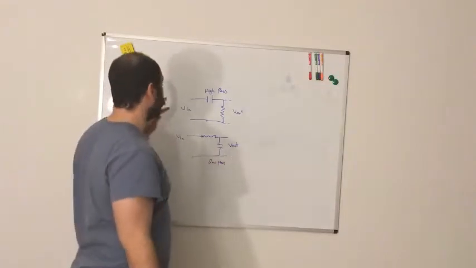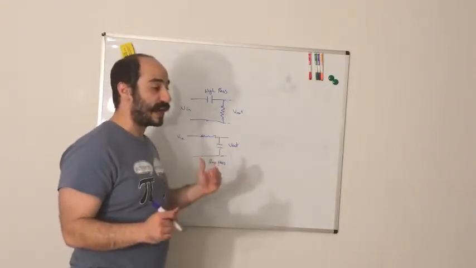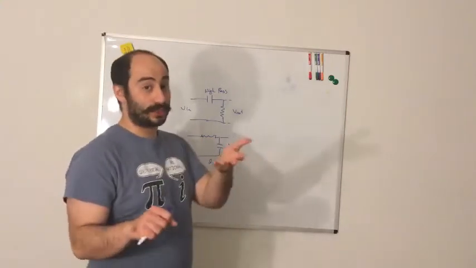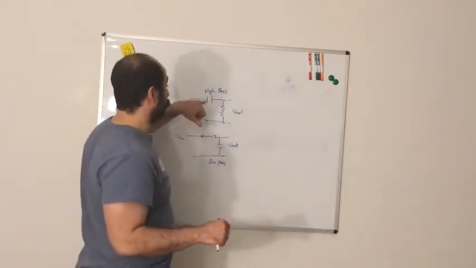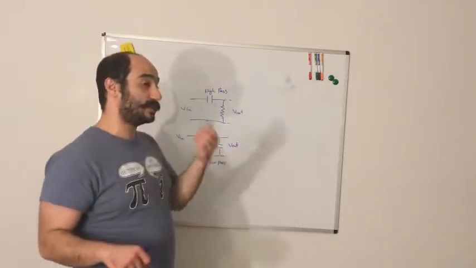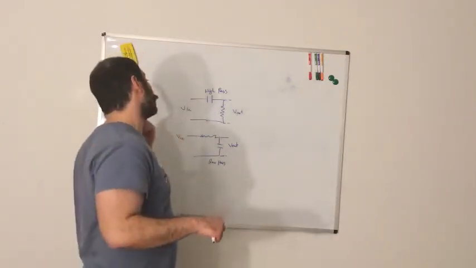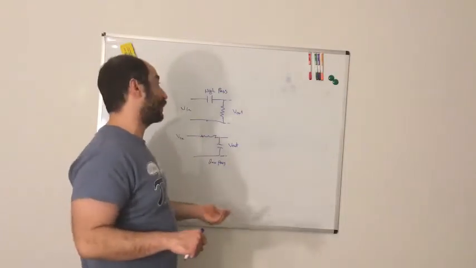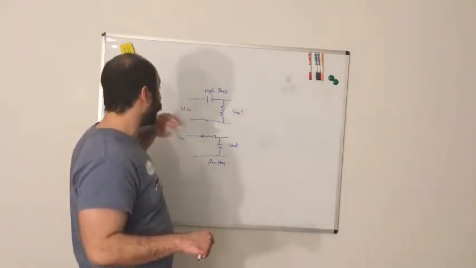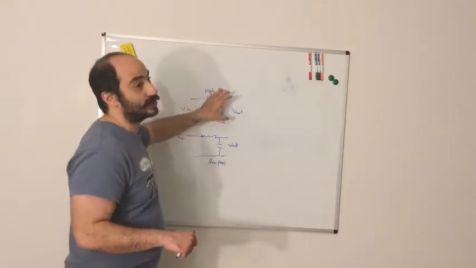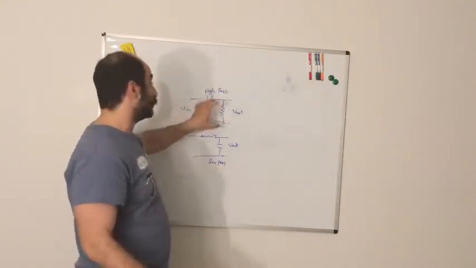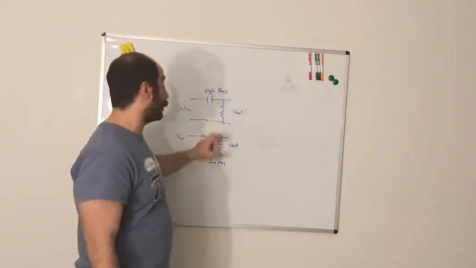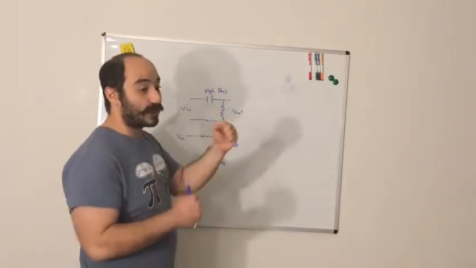So what is it? In both cases we have an RC circuit. Your resistor and capacitor are in series with each other, right? The only difference between the high pass and low pass circuit is that in the high pass, we are measuring the voltage on both sides of the resistor. On low pass, we are measuring the voltage on both sides of the capacitor.